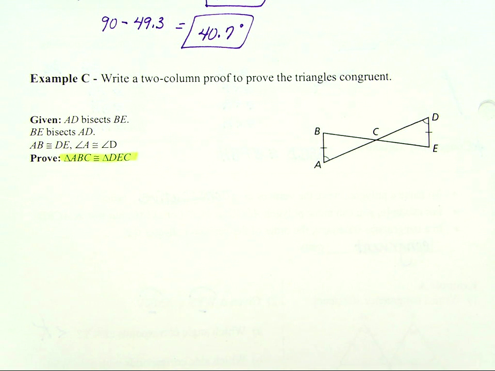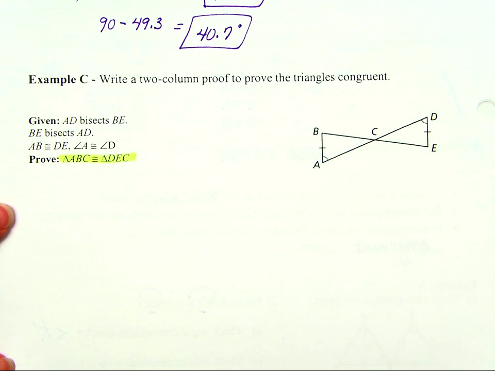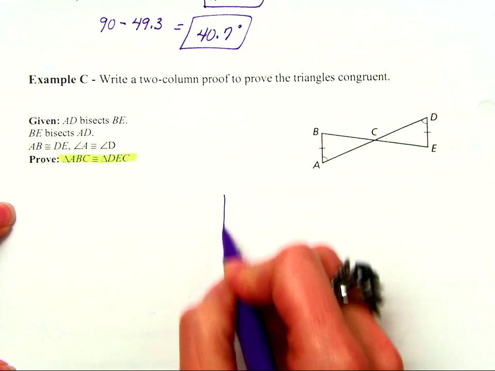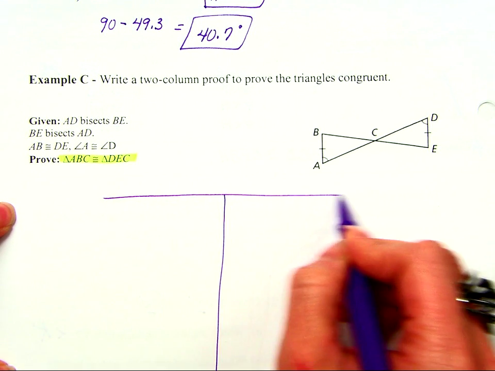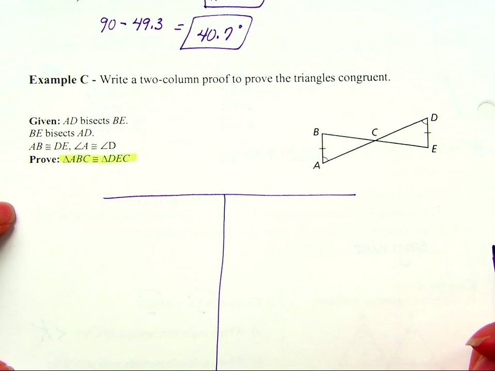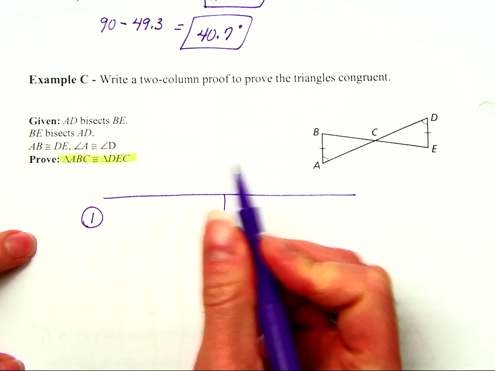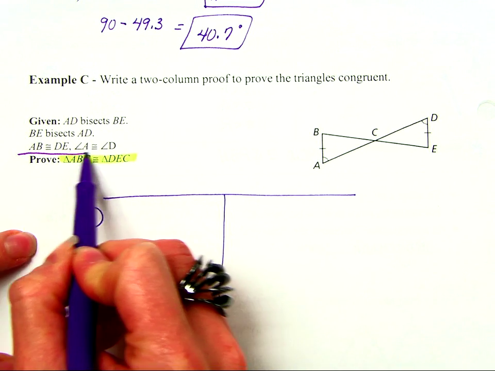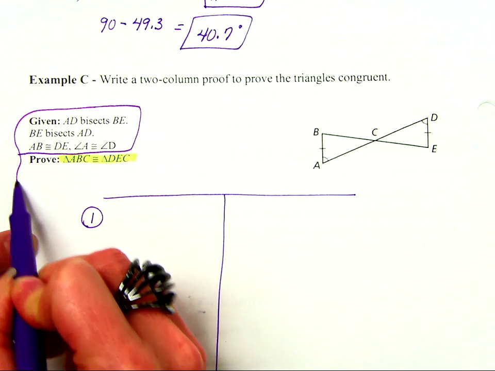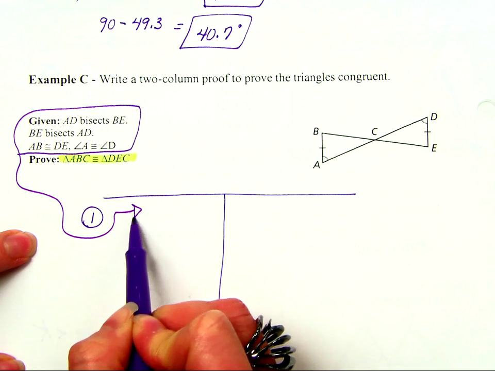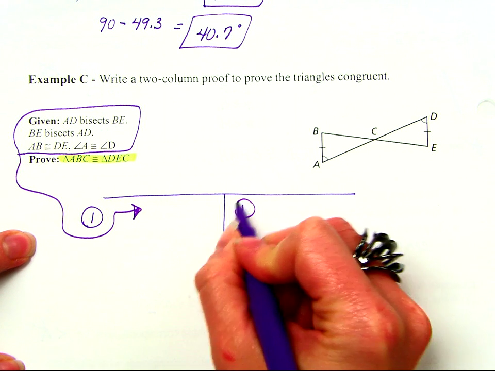So in order to be congruent triangles, I know that my sides have to be congruent and my angles have to be congruent, the corresponding sides and the corresponding angles. We're going to set this up in a two-column setup, and I know that our first step is that we have to take a look at our given information. I'll then take a little bit of a shortcut here. All of this given information would come right down here into my spot for number 1.